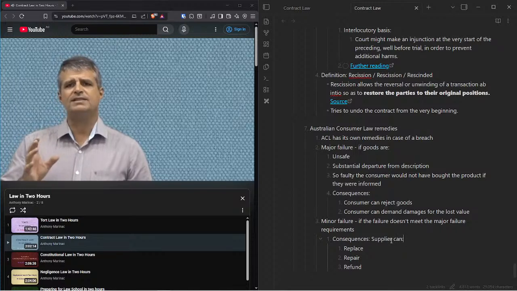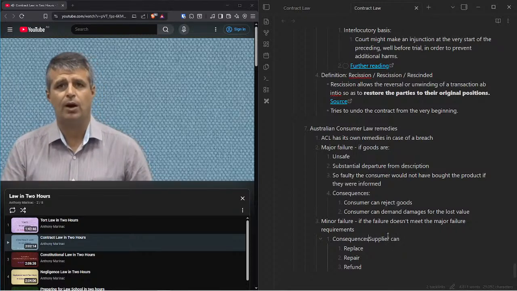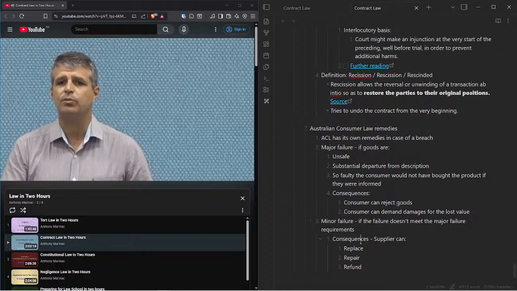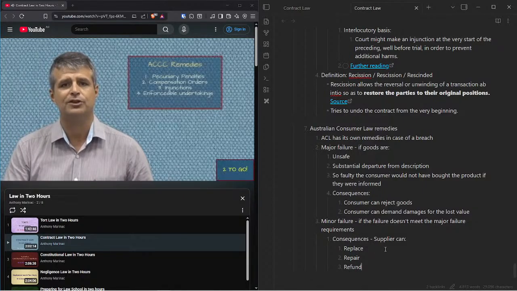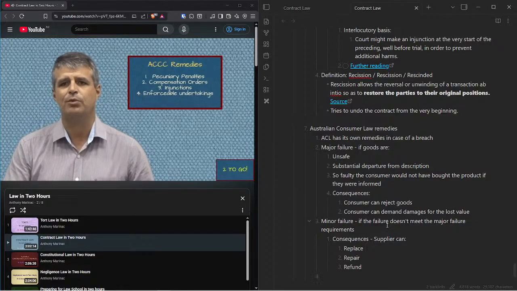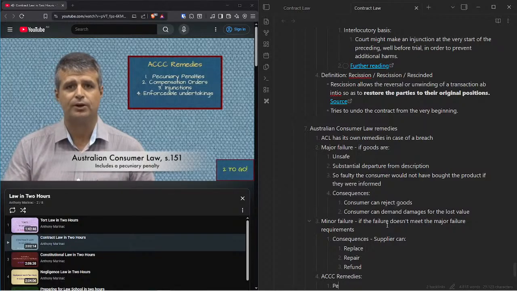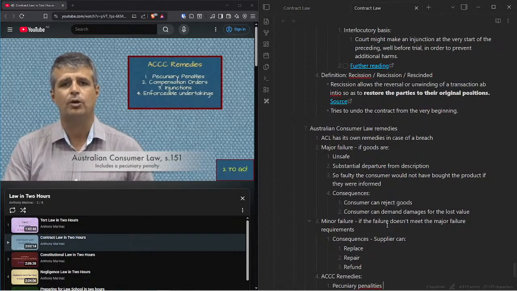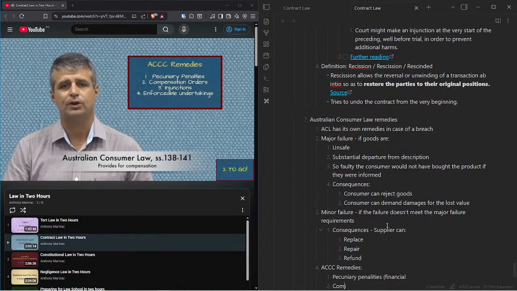Now, those are the remedies that the individual consumer can go after under the Australian Consumer Law. In addition, there are some remedies that can be sought by the Australian Competition and Consumer Commission on behalf of consumers of that product generally. These measures can include pecuniary penalties, so financial penalties. They can include a compensation order, that compensation be paid to customers.